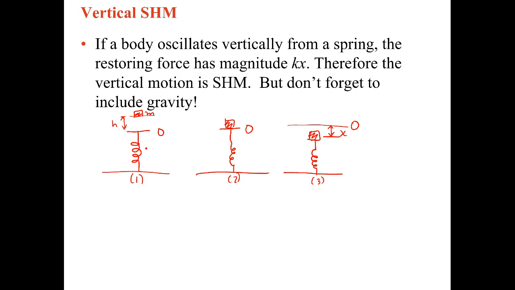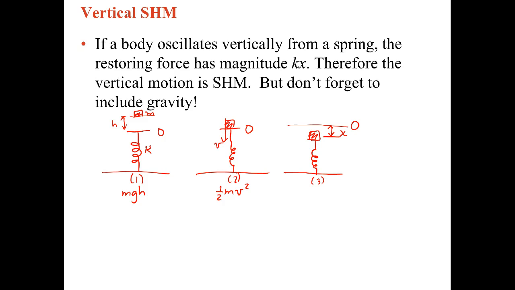So I'll give this a mass of m, a spring constant of k, and we could write that the energy at point 1 is equal to mgh, because the spring is unstretched. The energy at point 2 is just 1/2 mv squared, with whatever v this is about to hit with.